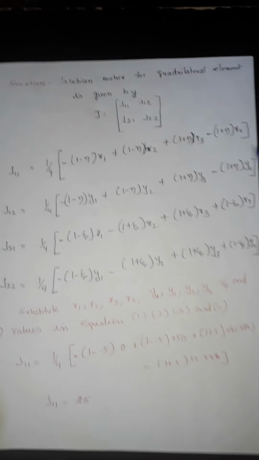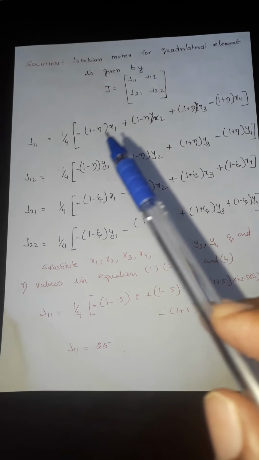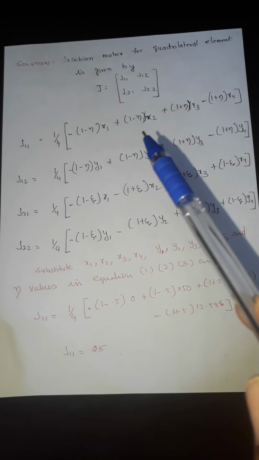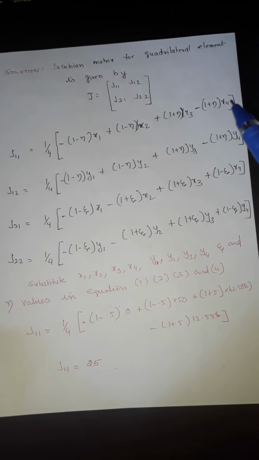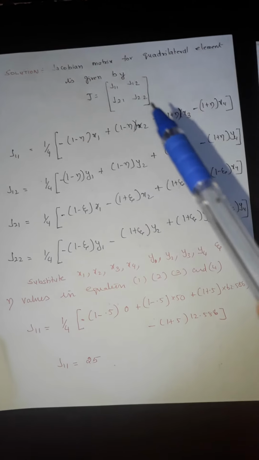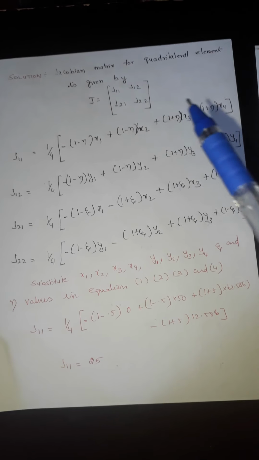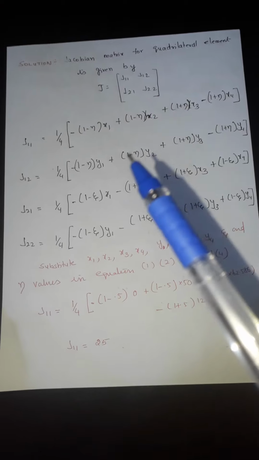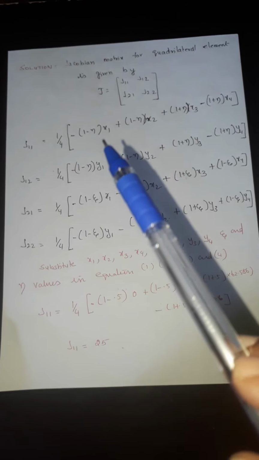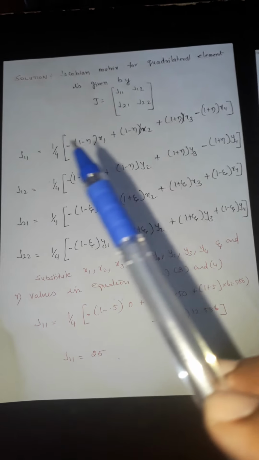Now you have to find the Jacobian matrix. It is 1 by 4 of minus (1 minus eta) x1, (1 minus eta) x2, (1 plus eta) x3, (1 plus eta) x4. The x1, x2, x3, x4 values we have found in the coordinate axis, and eta is given as 0.5, so we can substitute all these values.